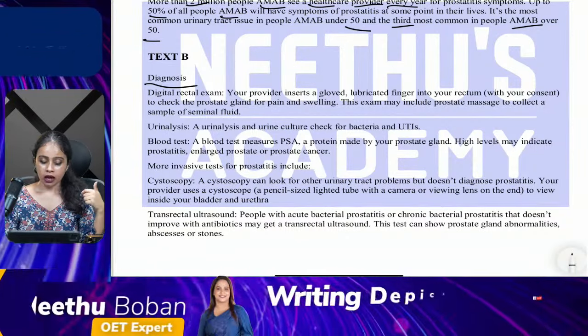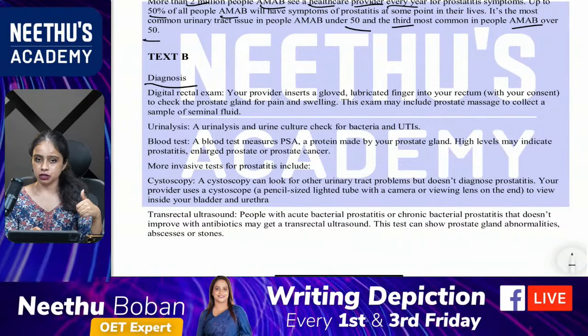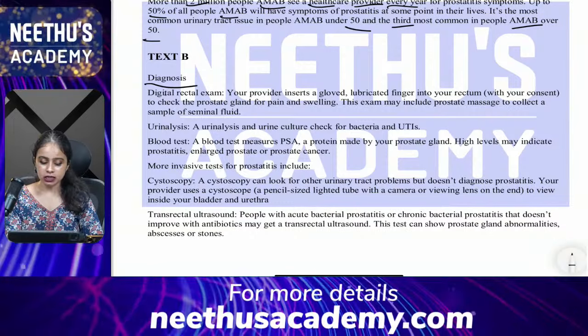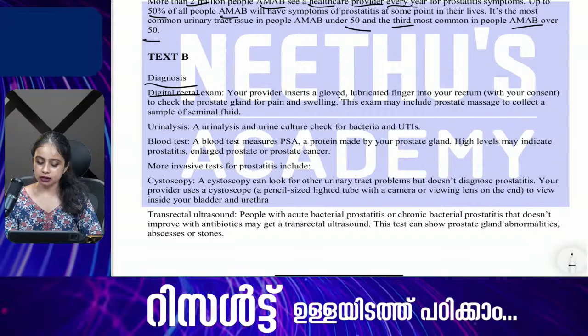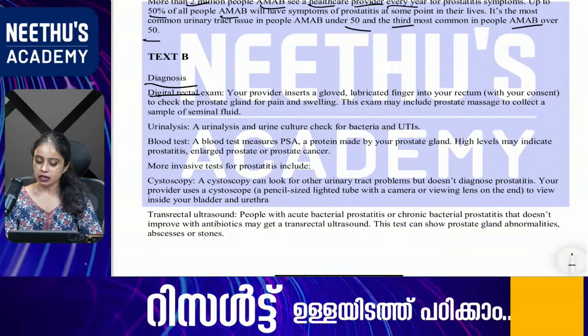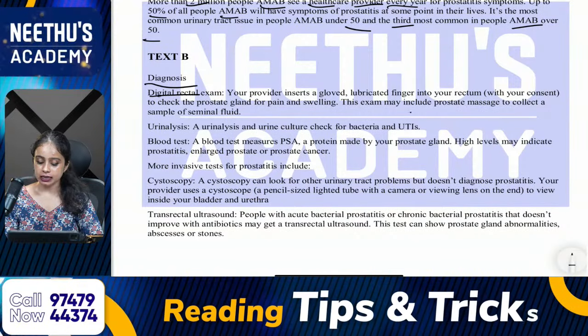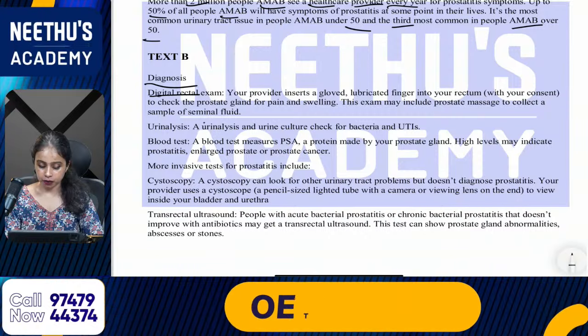To identify this particular condition, what are the procedures? They have mentioned a lot of procedures here. Digital rectal exam: your provider inserts a gloved, lubricated finger into your rectum to check the prostate gland for pain and swelling. This exam may include prostate massage to collect a sample of seminal fluid.